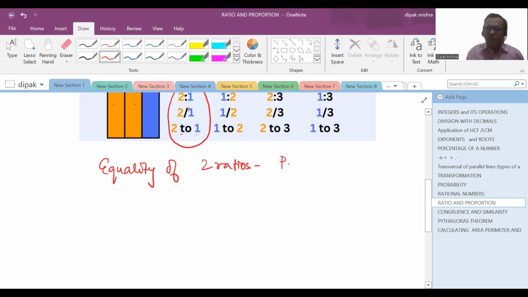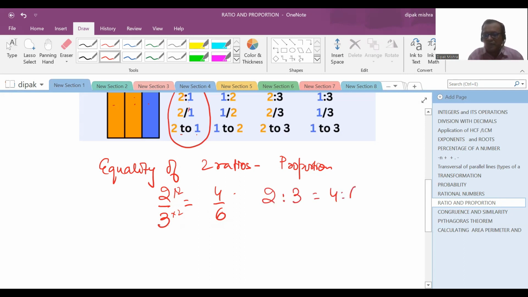So if I say 2 to 3 is the same as 4 to 6, if you multiply 2 by 2 and 3 by 2, you get 4 to 6. So now you are getting two ratios, 2 to 3 and 4 to 6. Notice that these two ratios are equivalent to each other. In other words, I can also say that 2 is to 3 as 4 is to 6, or 2, 3, 4, 6 are in proportion.